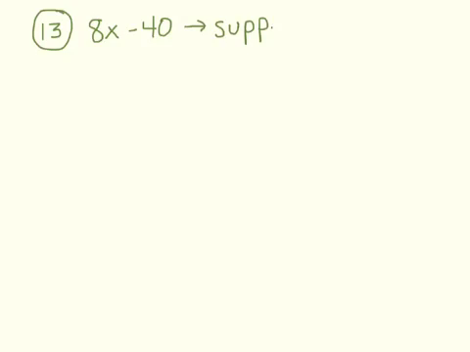So I'm going to do that same thing, except I can't subtract quite as easily. I'm going to take 180 and subtract the 8x minus 40. What this is really saying is that I want to take 180 and I want to subtract this and I want to subtract this.